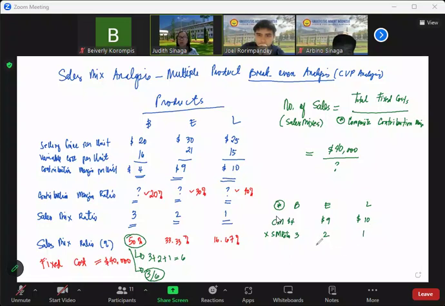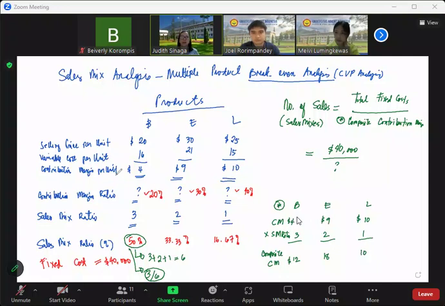So you multiply 3 by 4, 2 by 9, and 1 by 10. The name of this is the composite contribution margin, composite CM. So you get 12, 18, and 10.